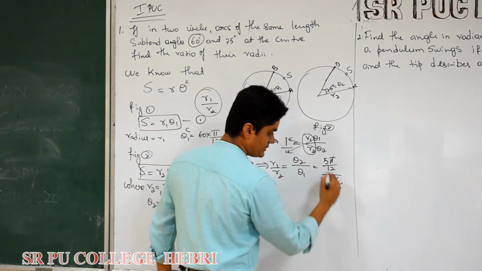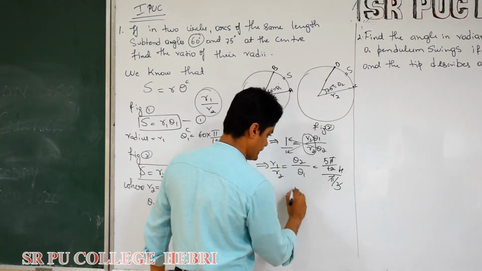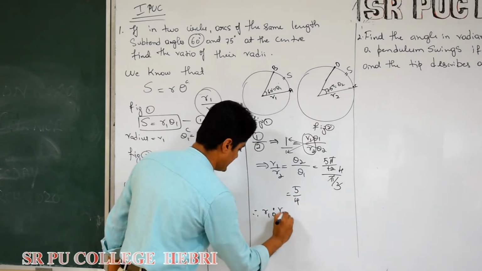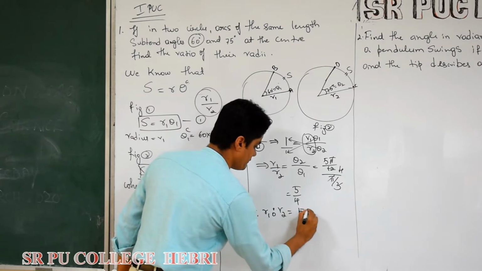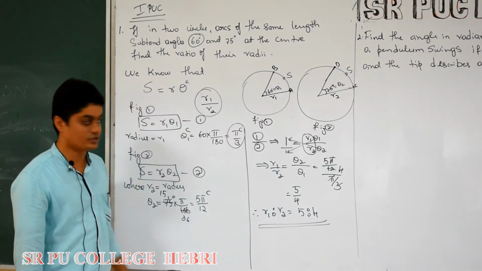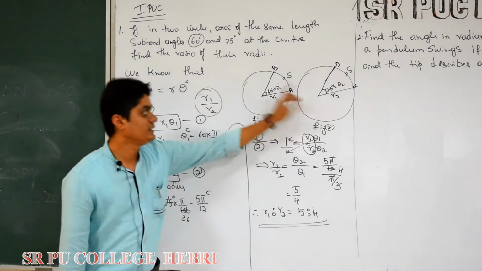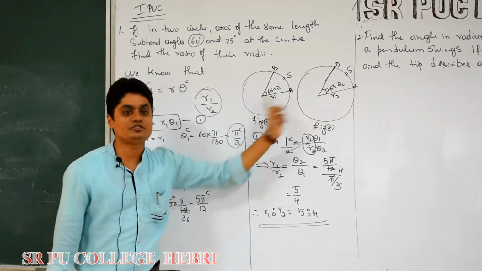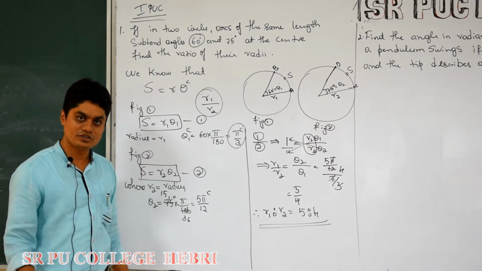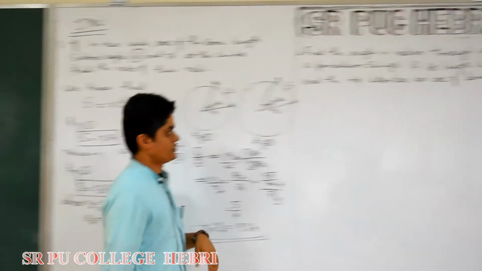Pi cancels, 3 ones are 3, 4. So it is 5 by 4. So the ratio R1 is to R2 is 5 is to 4. Did you understand? I hope you understood. So two different circles, same arc length, two different radii, two different angles, you can solve like this. Understood? Very good.